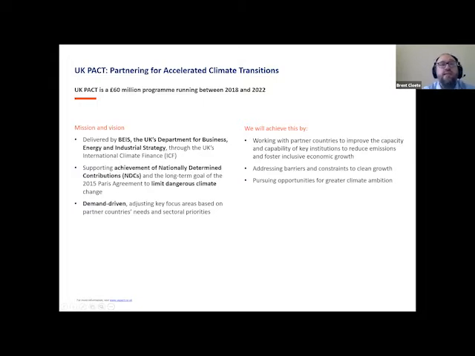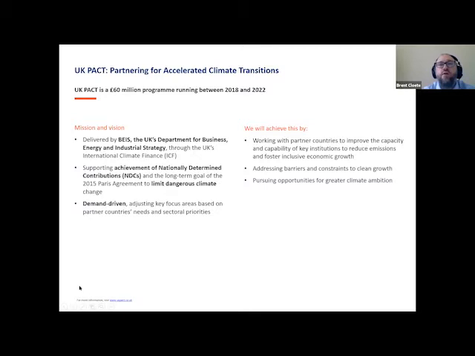Now, very importantly, it's a demand-driven project. So all the projects, the funding responded to proposals from the country representatives, and for all these projects, the demand ultimately came from the beneficiaries. So the project is really trying to fund identified needs, and it's not pushing an agenda.